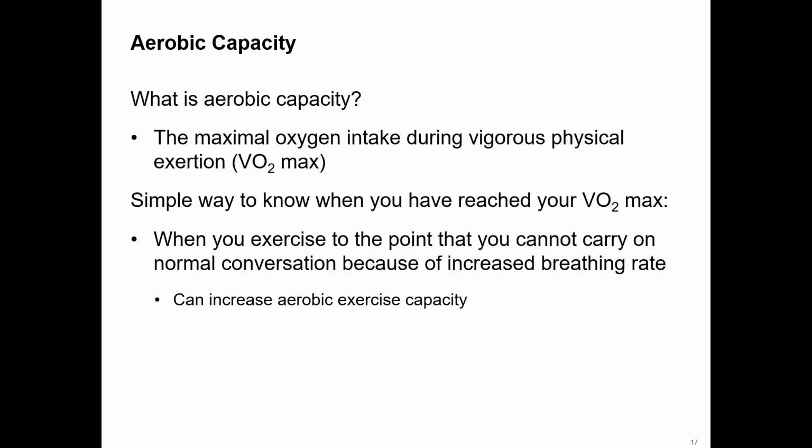When you're exercising, you can only ventilate or breathe so quickly. It takes time to get that oxygen from our lungs' air sacs into the circulatory system, pumped through the body via the heart, the cardiovascular system. So when we reach that peak or that maximum, that's called the VO2 max.